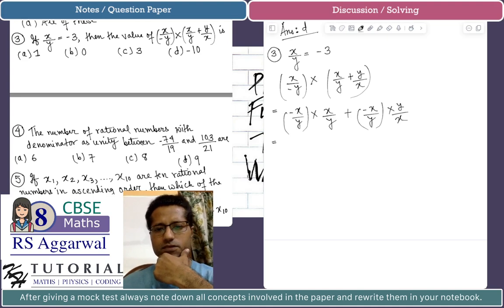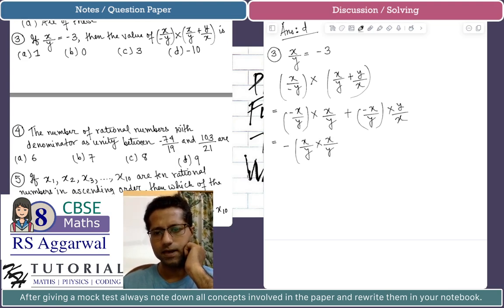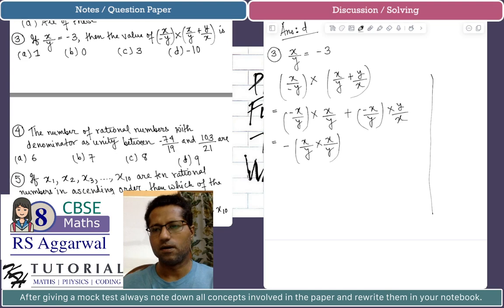Now I can always write it as minus of x by y multiplied by x by y. I can do this because minus x by y I can always express as minus 1 multiplied by x by y.